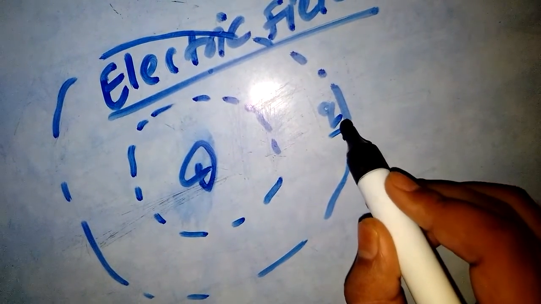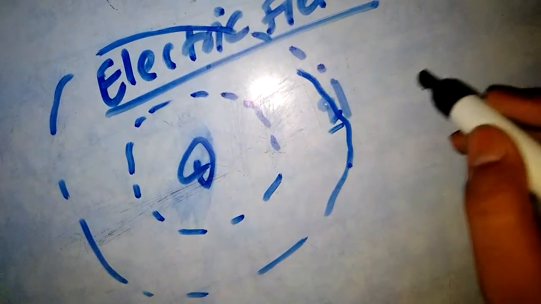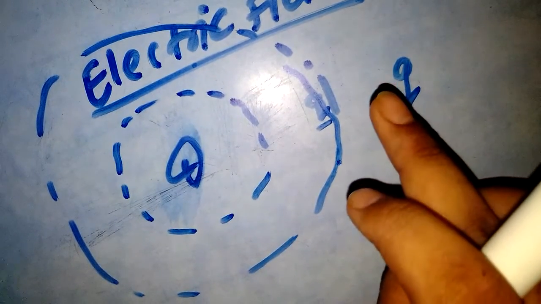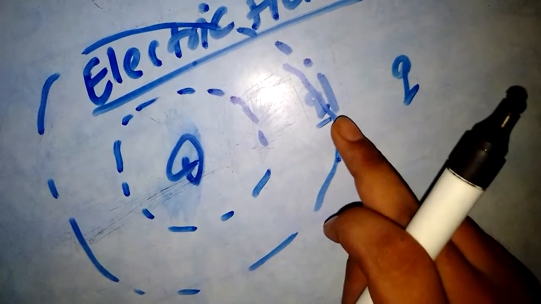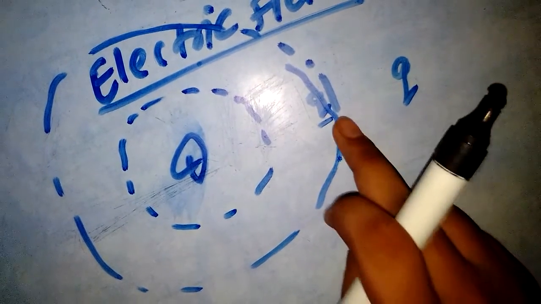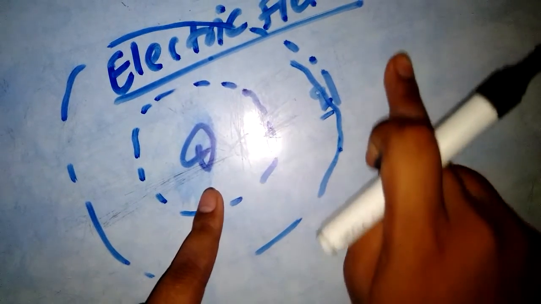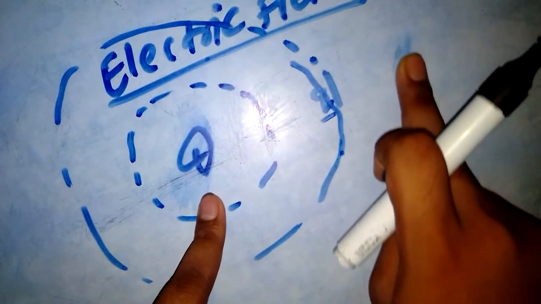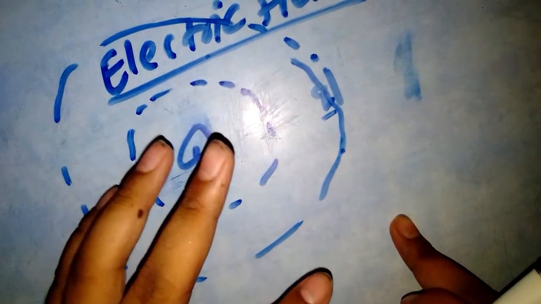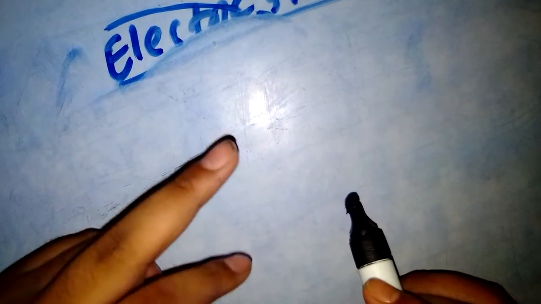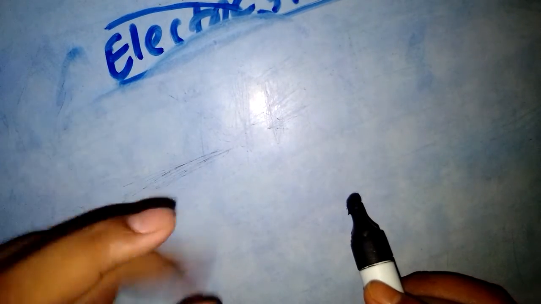See, the charge starts to experience force from here, but does not experience force from here. So the region where another charge experiences a force due to the source charge, that region we call the electric field of this charge.